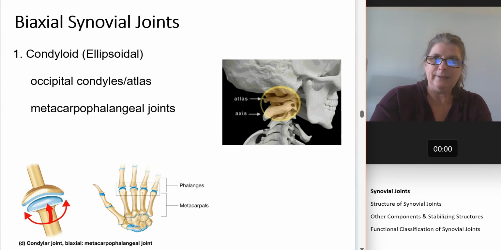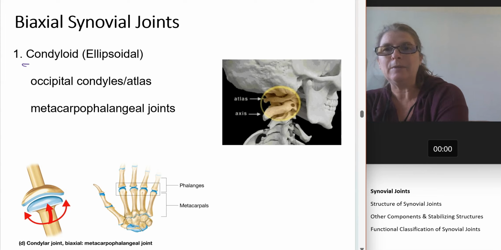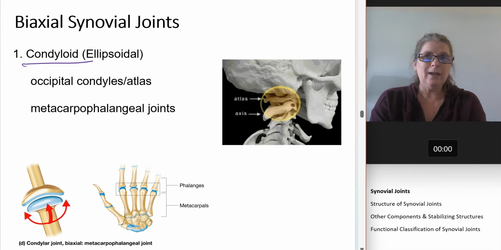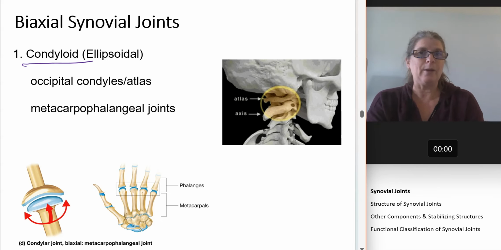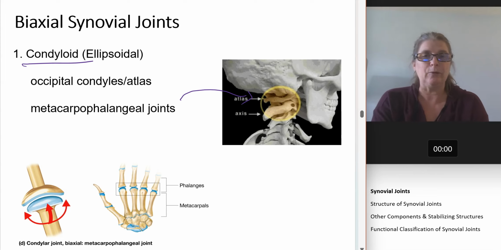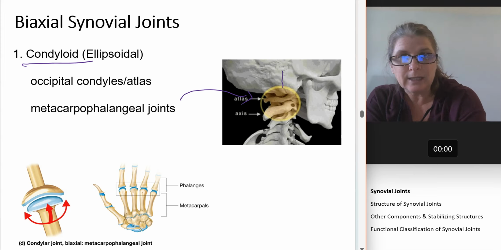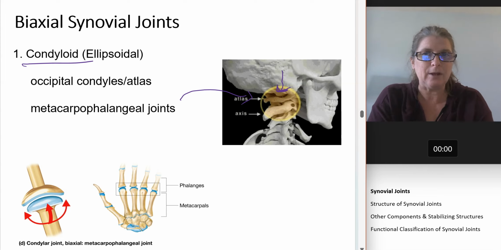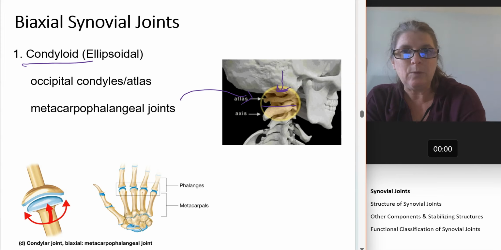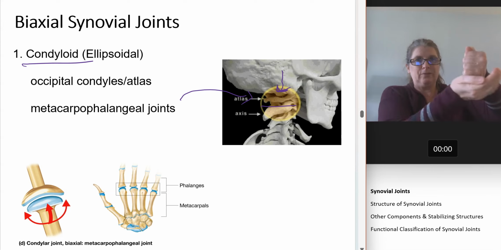Okay, biaxial. The name of the joint is called condyloid. Ellipsoid is an older term. You'll hear condyloid. These have more than one plane of movement. Again, we haven't done the head and neck yet, but a really good example is the skull: there are these little things called occipital condyles on the bottom of your occipital bone. And then C1 is the atlas. It has a little place for them to meet.